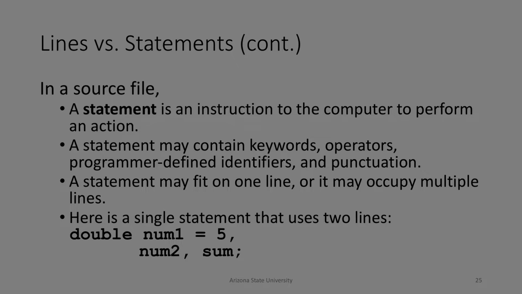Okay, so whatever's between 2 semicolons, that is a statement, whether it's on one line or many lines. Of course this one has 2 lines, but it's one statement. So any questions on the difference between a line and a statement?